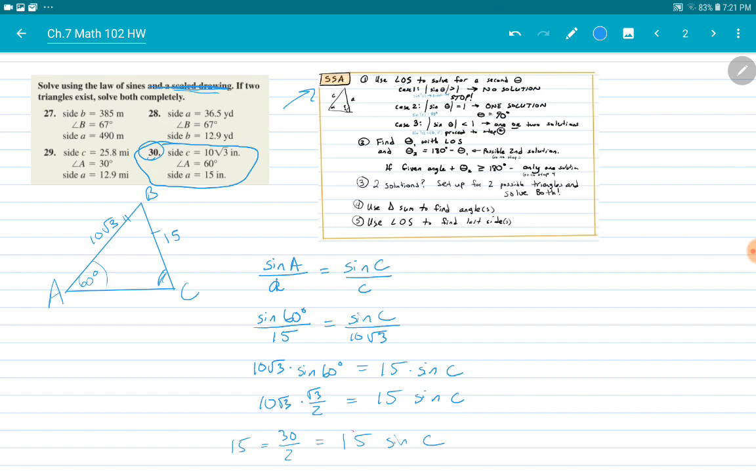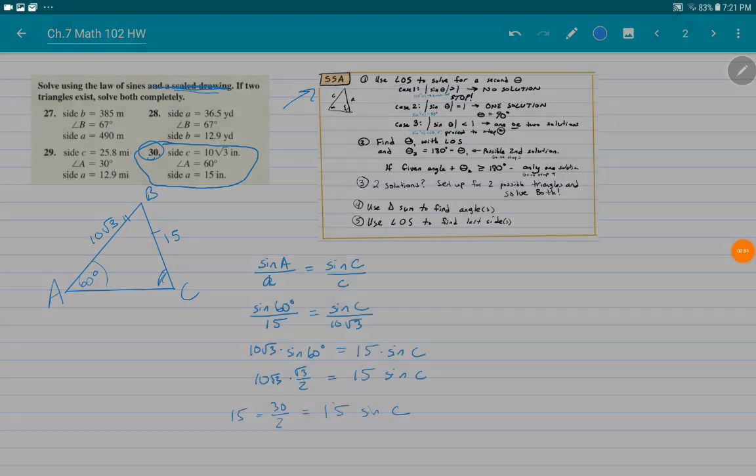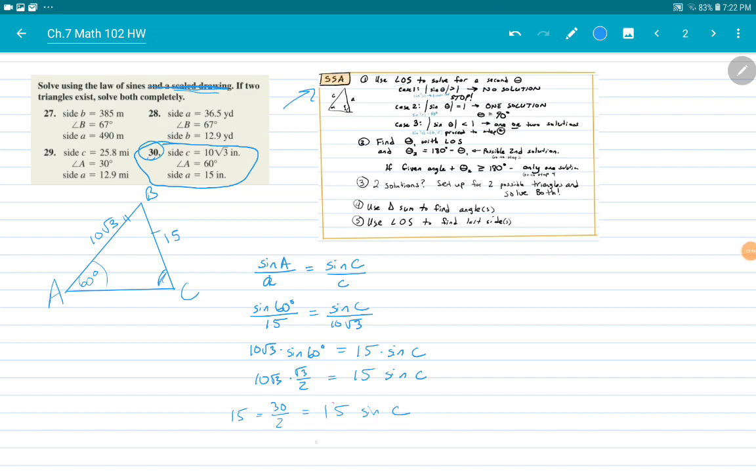So when I divide both sides by 15, I end up with sine of C equal to 1, which tells me that C equals the sine inverse of 1. And think about, when is sine equal to 1? When is that y value equal to 1? It's here. That's at 90 degrees. So C must be 90 degrees.